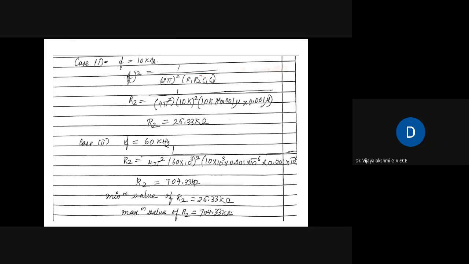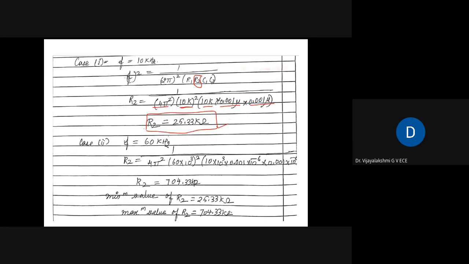Which is unknown for us? R2. Now substitute all the other values: f is 10 kilohertz squared, 4 pi square, R1 is 10k, and C1 and C2 are 0.001 microfarad. If you simplify, I get R2 equal to 25.33 kilo.